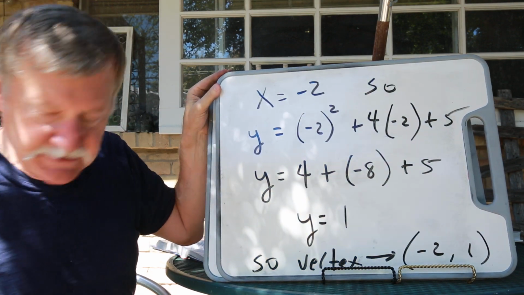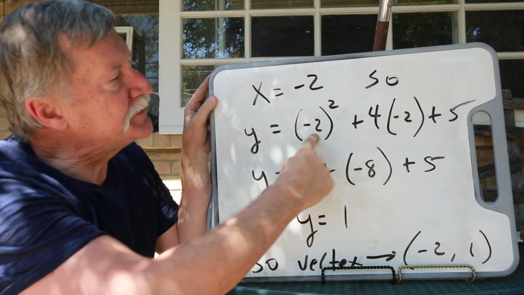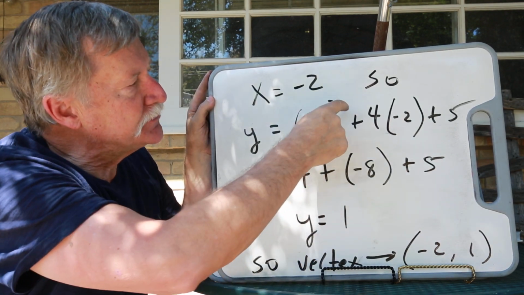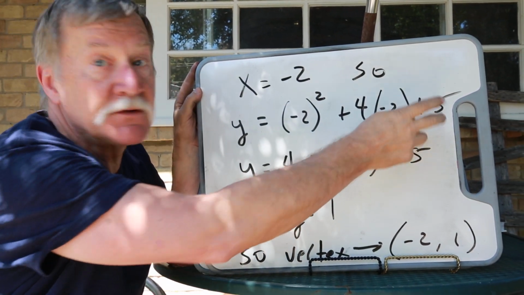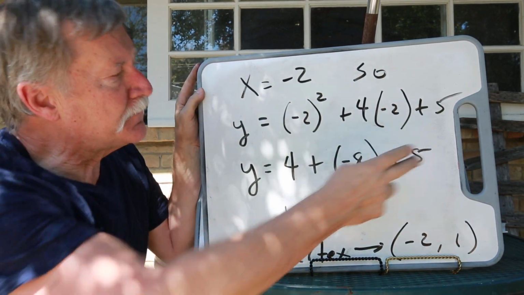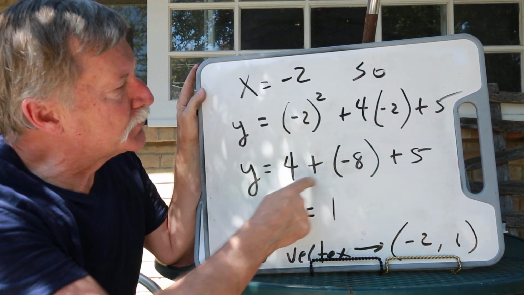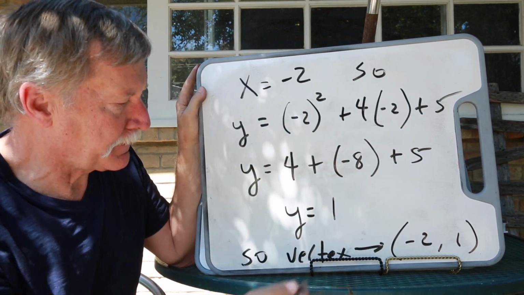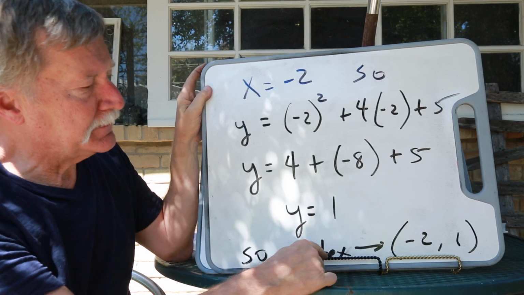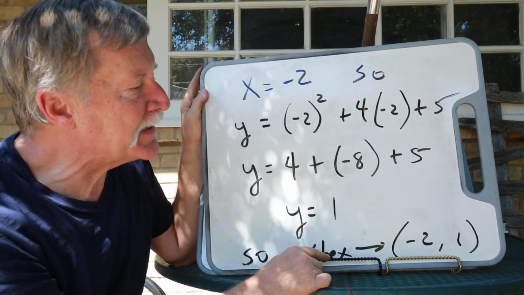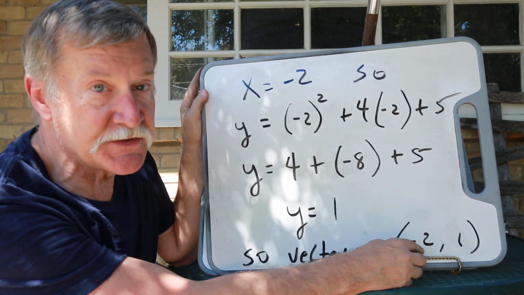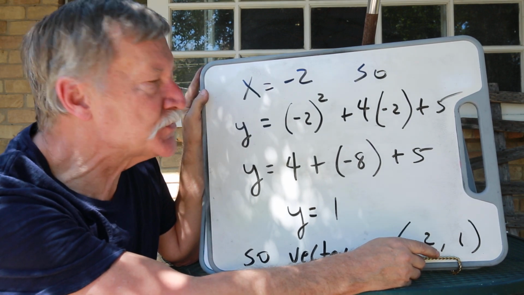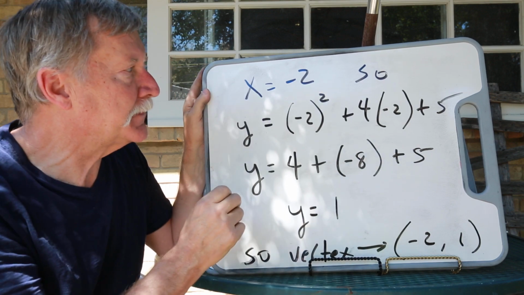We take x equals minus 2 and substitute in wherever there's an x. So y equals minus 2 squared plus 4 times minus 2 plus 5. Doing the equation, 4 plus minus 8 plus 5, we see that y equals 1. So the vertex of this parabola is minus 2, 1. X is minus 2, y equals 1. The vertex point.